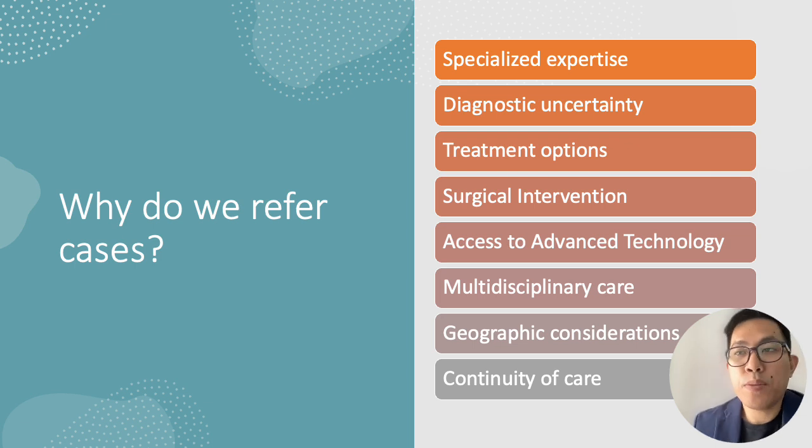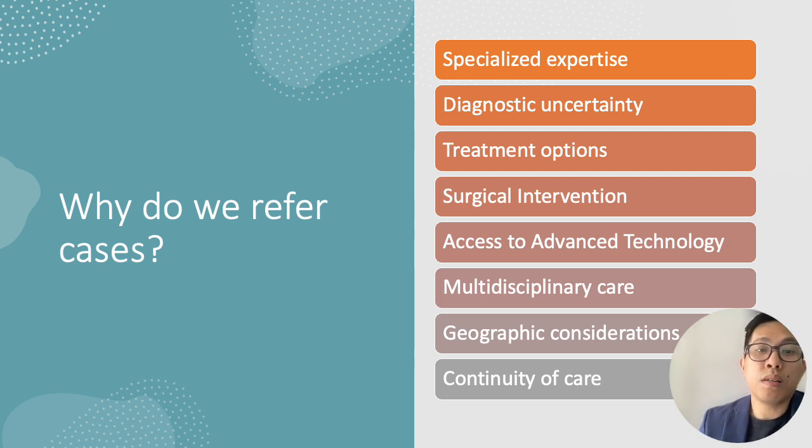Sometimes you are unsure, so you are from a clinic kesihatan and you need to refer this patient to hospital because of diagnostic uncertainty. In some cases, a certain hospital may not have the treatment available, so the patient has to be referred out. For example, not all hospitals have chemotherapy, not all hospitals have radiotherapy, so they have to be referred.